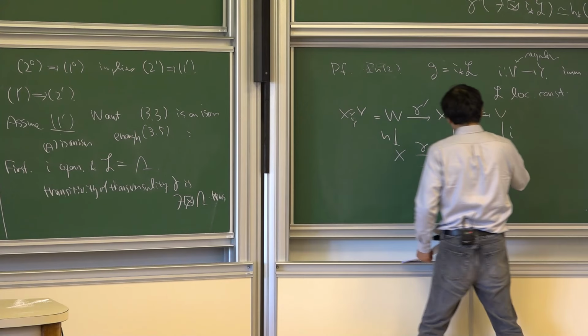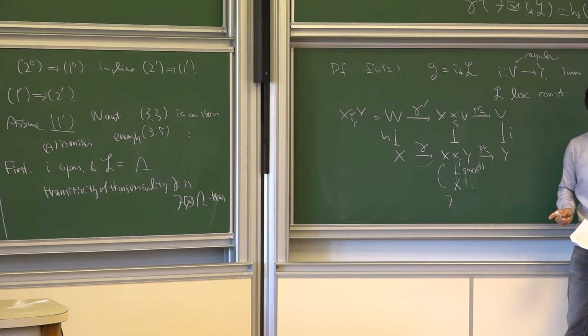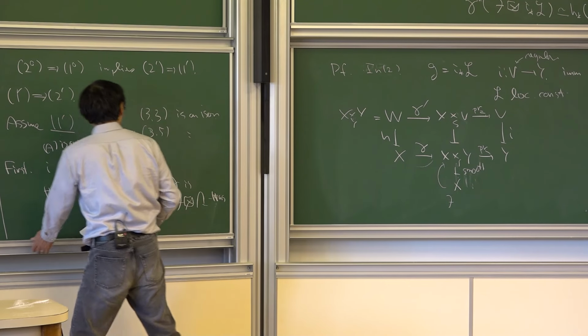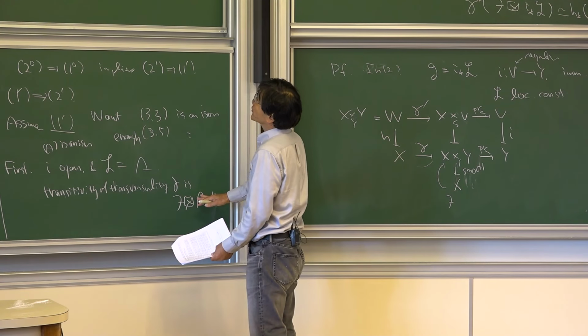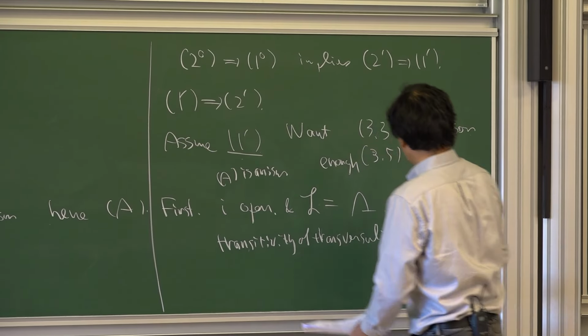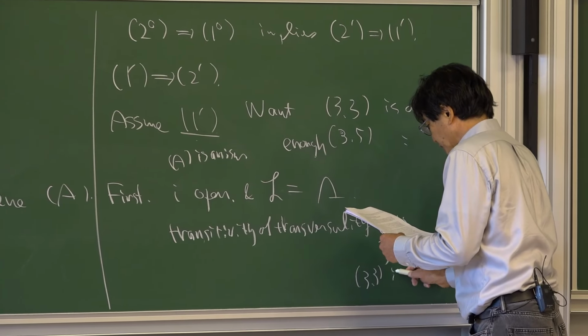Here, this smooth motion is F transversal because of Poincare duality. So gamma being transversal means that this upper line, 3.3, is an isomorphism.